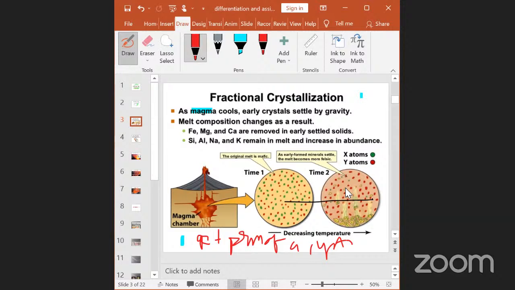Localization of crystallization means this crystallization happens at some particular site. Relative movement of crystals and liquids means that when crystals and liquids move upward, then also crystals are formed. This is called fractional crystallization.